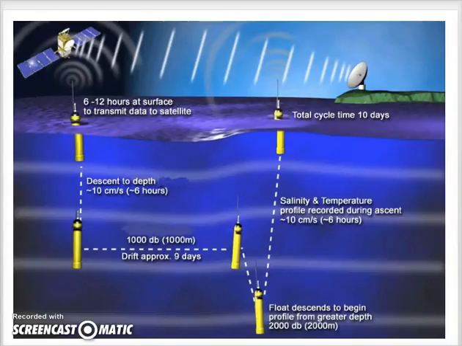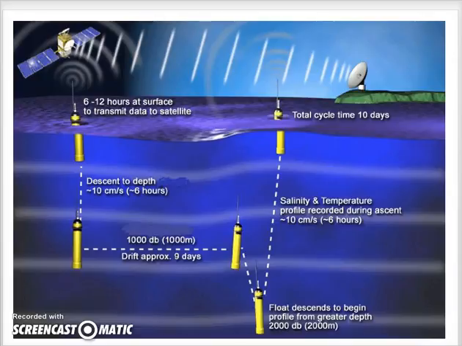Ocean temperature and salinity have been measured in all the world's oceans since 2007 by 3,200 free drifting Argo floats, small drifting robotic probes.